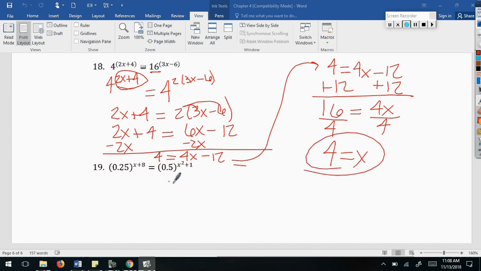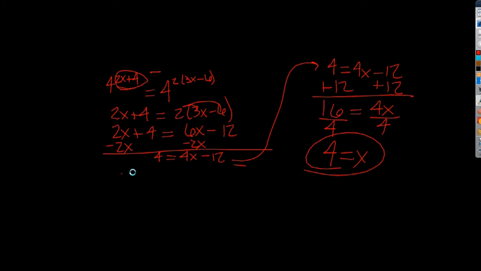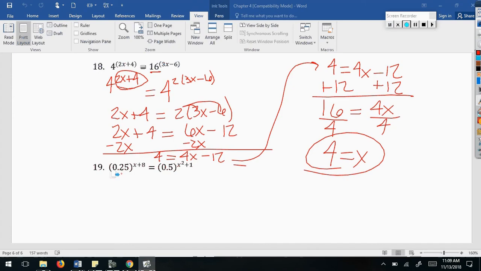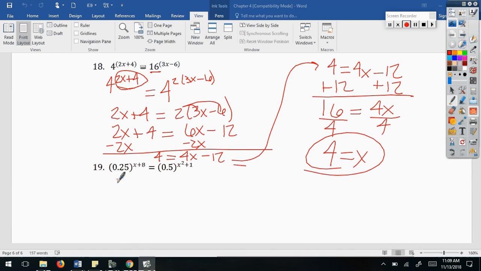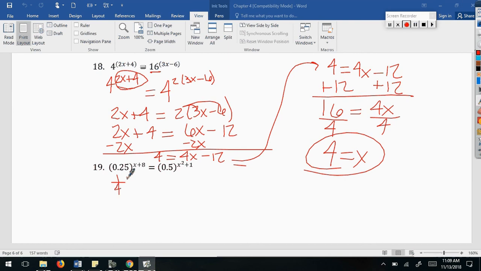This is a little bit harder. If you think about this as fractions instead of decimals, it'll make it a little easier for you to see what's going on here. So I have 0.25 is the same thing as 1/4, right? And 0.5 is the same thing as 1/2.